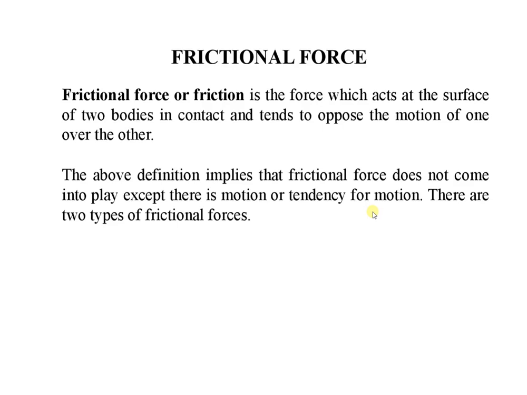The definition implies that frictional force does not come into play except there is motion or tendency for motion. That is, frictional force always opposes motion. So if a body is moving to the east, the frictional force will act to the west, and vice versa.